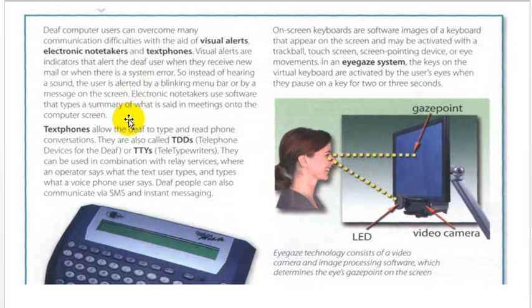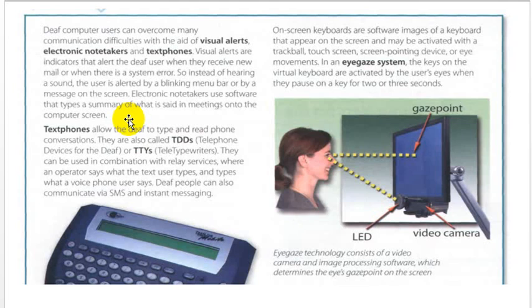Electronic note takers use software that types a summary of what is said in a meeting onto the computer screen. Text phones allow the deaf to type and read phone conversations. They are also called TDDs, telephony devices for the deaf, or TTYs, telephone typewriters.